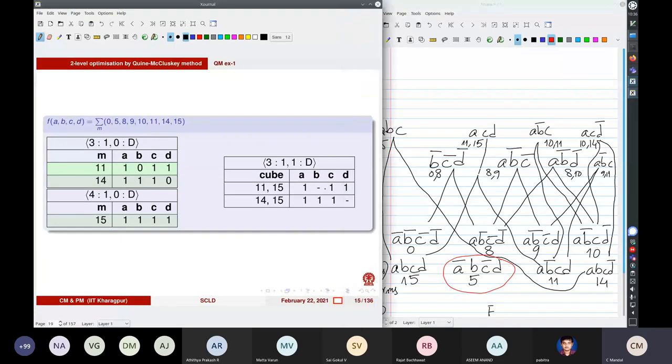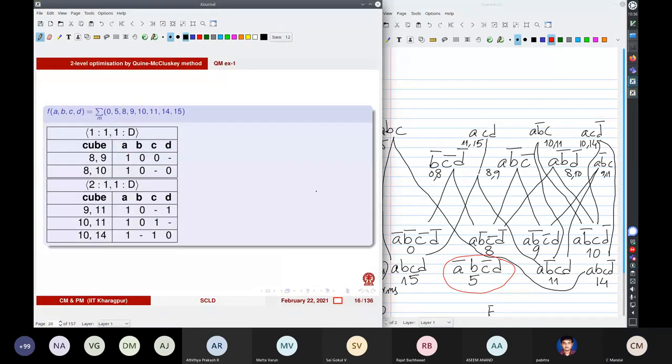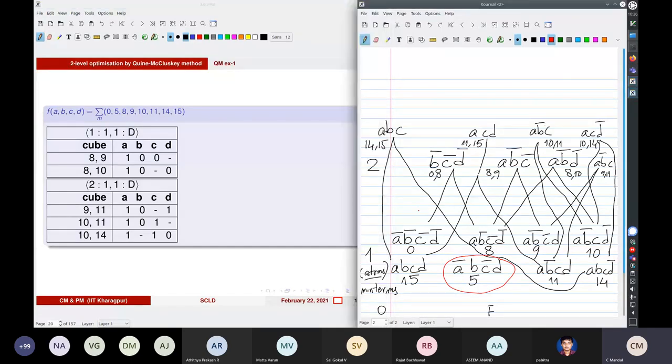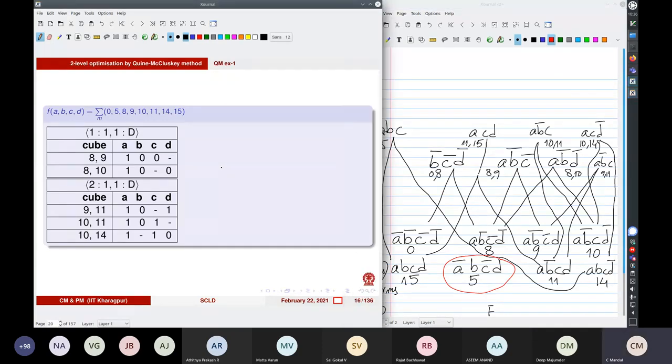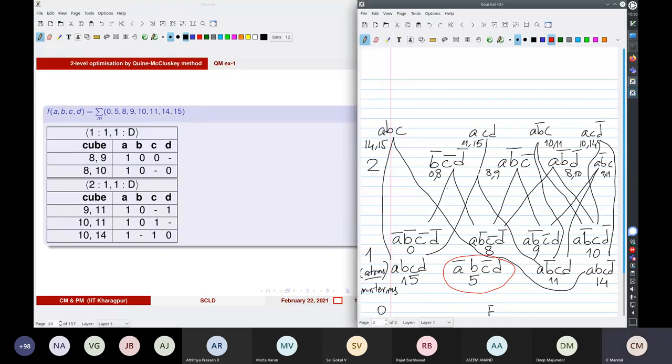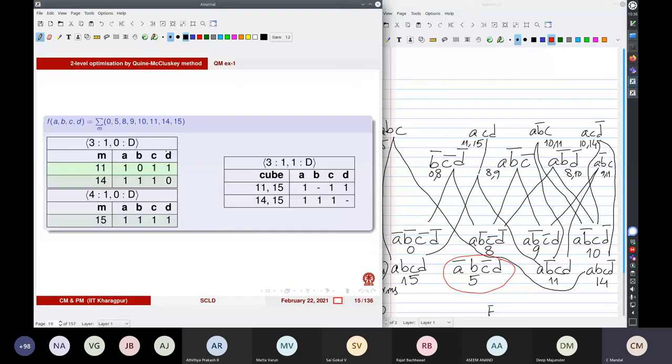All right. So now we'll try to repeat the exercise at this level. We have completed with level 1. In level 0, you always had 0 number of don't cares.